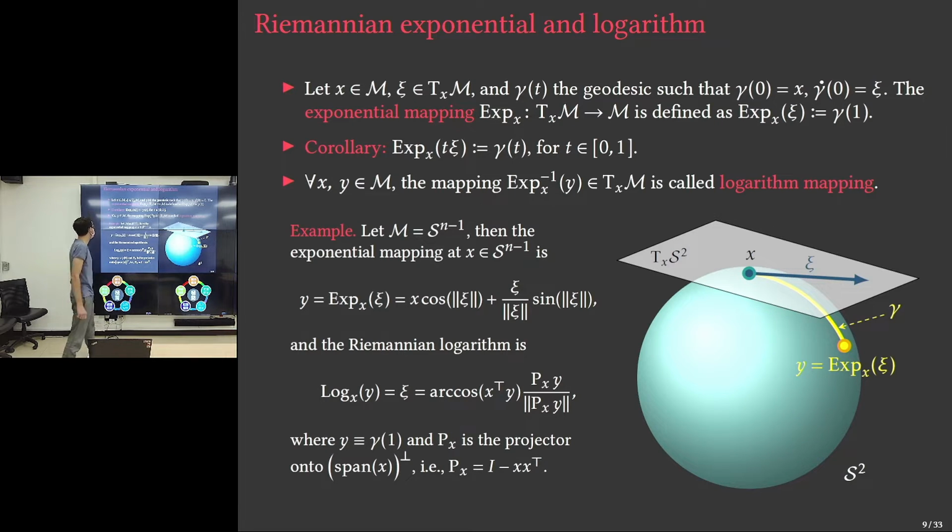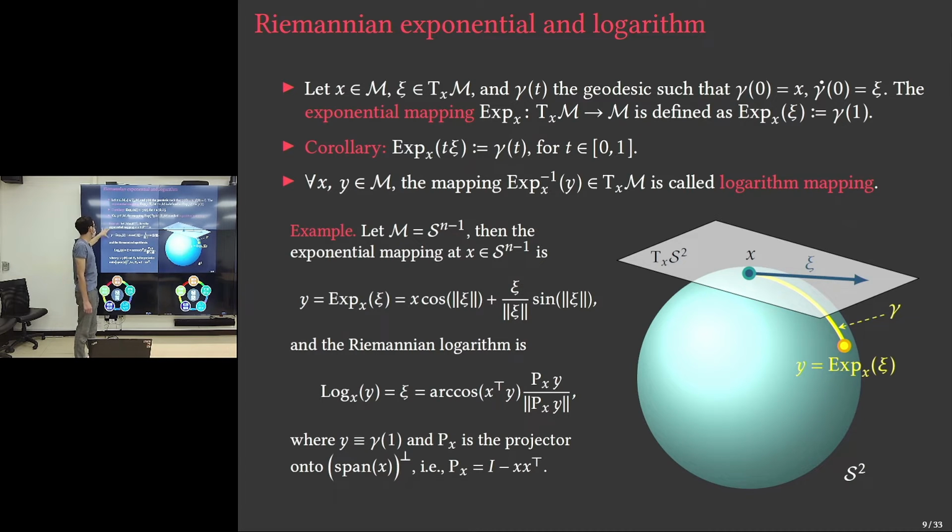Of course, if t is not equal to 1, it feels kind of natural: if it's just a generic t, and we map a scaled version of that tangent vector psi, we just get gamma(t). And then it's also possible to define the inverse mapping of the exponential, called the logarithm mapping.